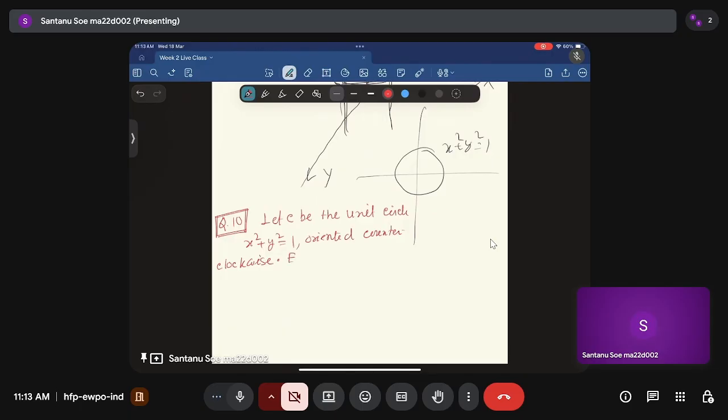Evaluate this line integral of x square minus y dx plus y square plus x dy.